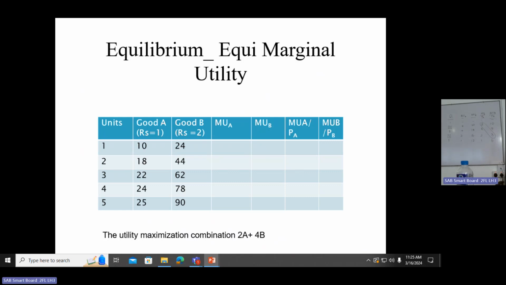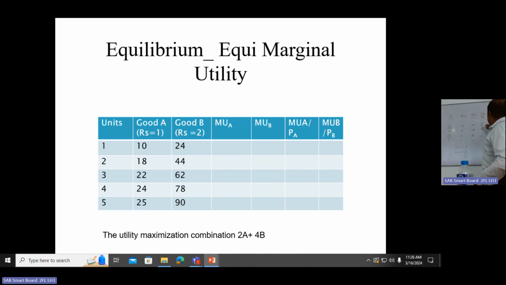So the price of product A is 1 rupee, 2 into 1 is 2, and the price of product B is 2 rupees, 4 into 2 is 8. That equals 10, your total income. So that is feasible.